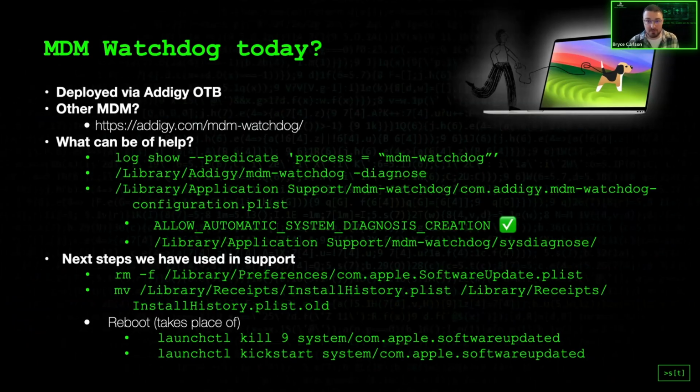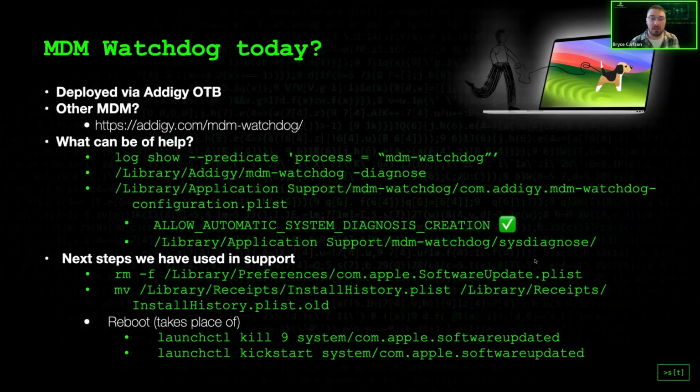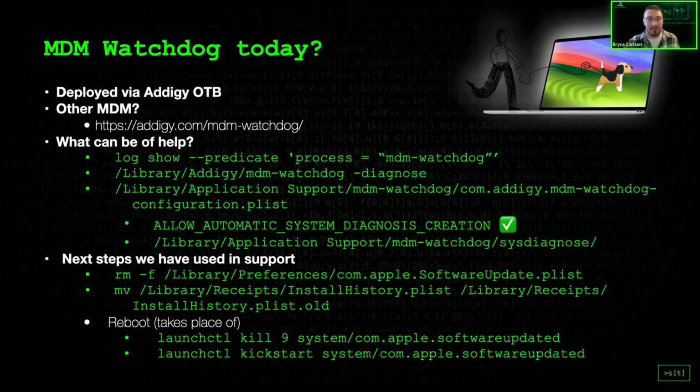It does not do that out of the box for free space reasons, but you could configure Watchdog to say, oh, I see it's stuck, generate a log, and dump it into this directory. Because then, as I'll talk about in just a few slides, you can send that feedback to Apple to say, hey, this is where it got stuck, because really they got rid of kickstart for a number of reasons, but the other part is they can't fix what they're not getting information and feedback from, which I understand.